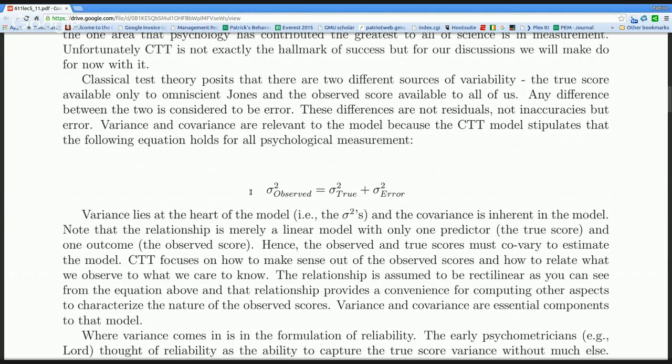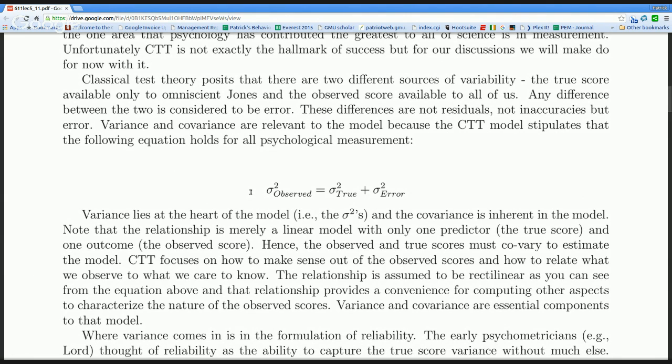So we have observed score variance. That's the variability that we have in our data for a particular measure. And that is equal, in this case, to what's defined by this thing called true score variance.